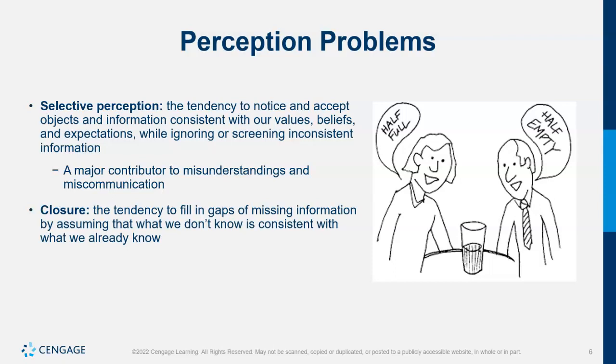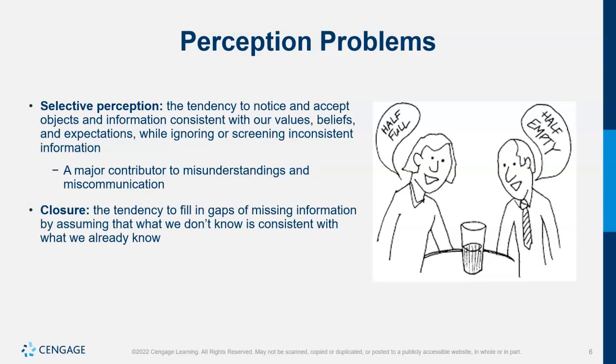Then there's closure. This is the tendency to fill in gaps of missing information by assuming what we don't know is consistent with what we already know. For example, if somebody leaves the company and you don't know why, you might say, did you hear so-and-so is leaving the company? I bet they are going to a new company because they're getting paid more.